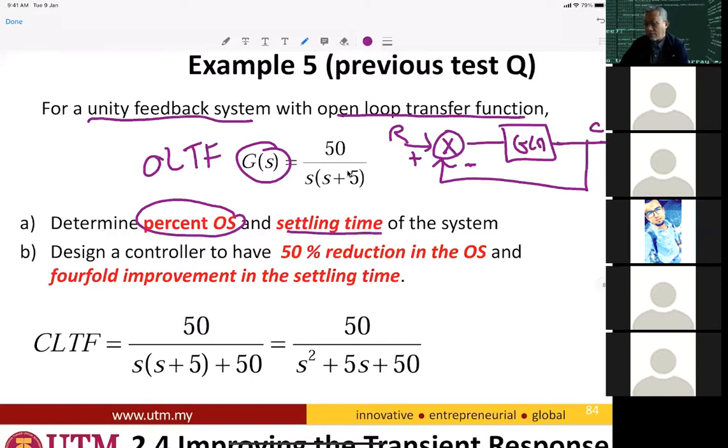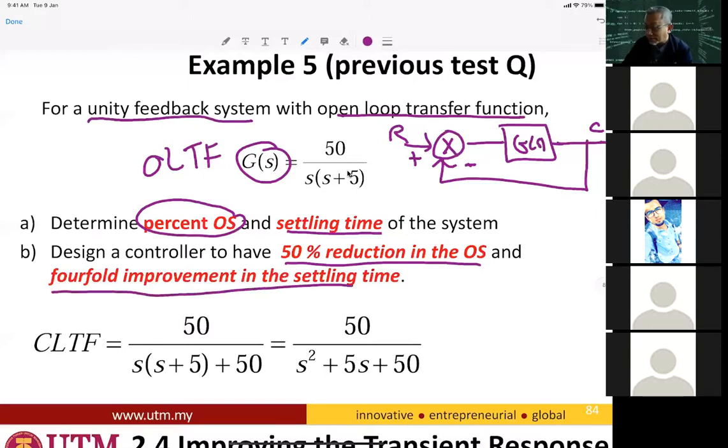First problem is to find the overshoot percentage and settling time, and then design a controller to have a 50% reduction in the overshoot, not operating system, overshoot, and a 4-fold improvement in the settling time.